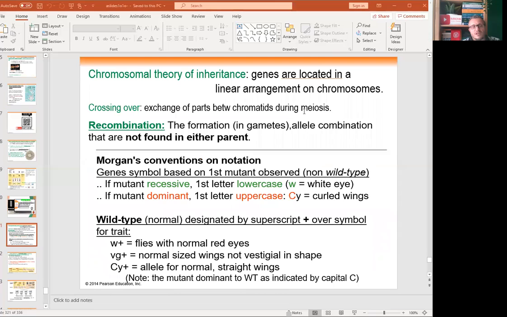So now we know that they are called linked genes, and recombination produces something not found in either parent, but we see it in the offspring.